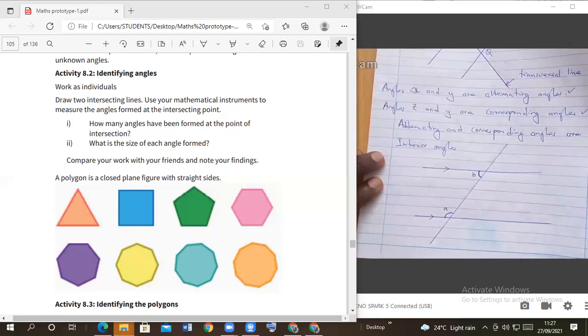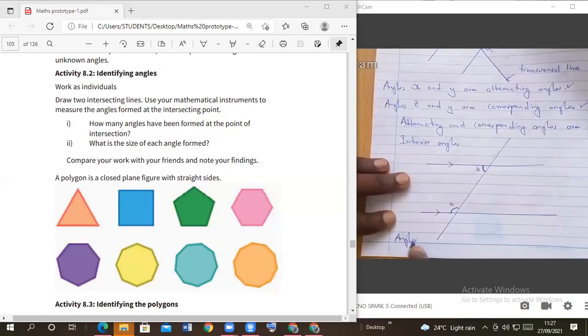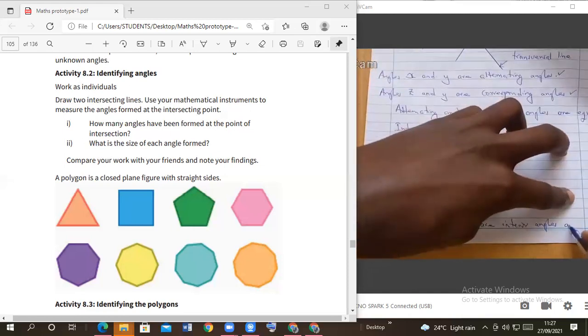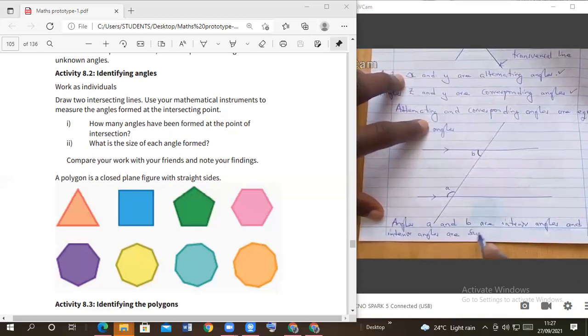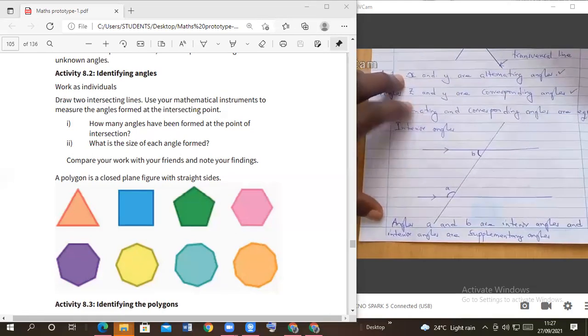Angles A and B are interior angles, and interior angles are supplementary angles.